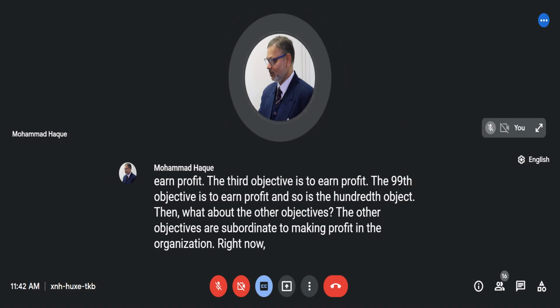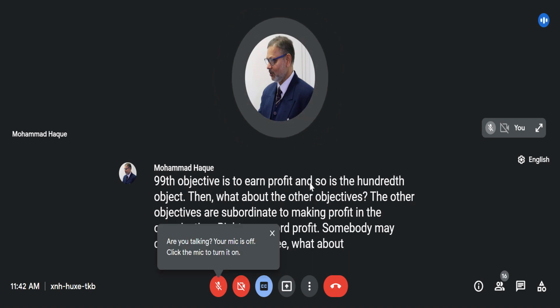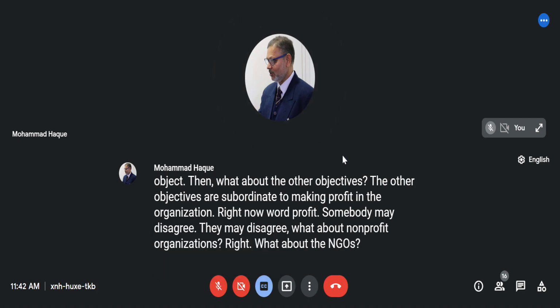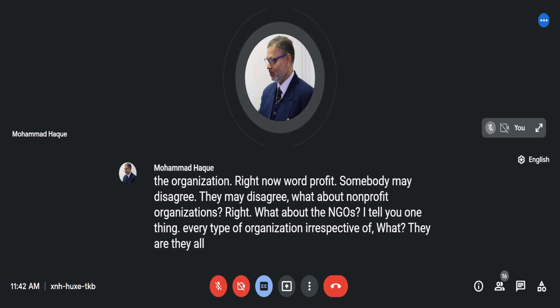Now, the word profit, somebody may disagree. They may disagree. What about non-profit organizations, right? What about the NGOs? I tell you one thing, every type of organization, irrespective of what they are, they all earn profit.